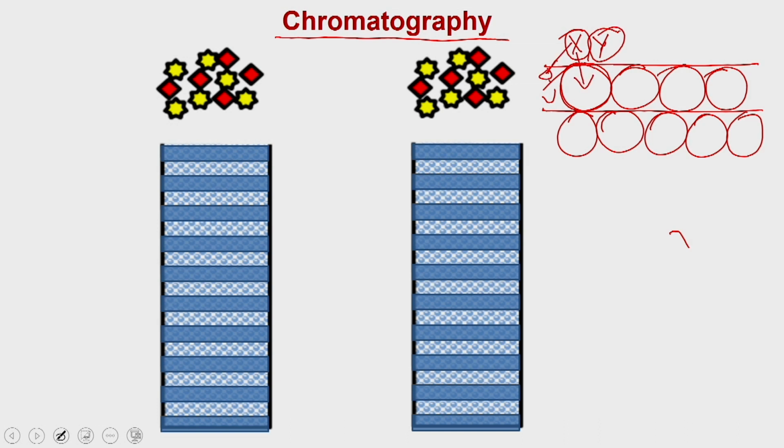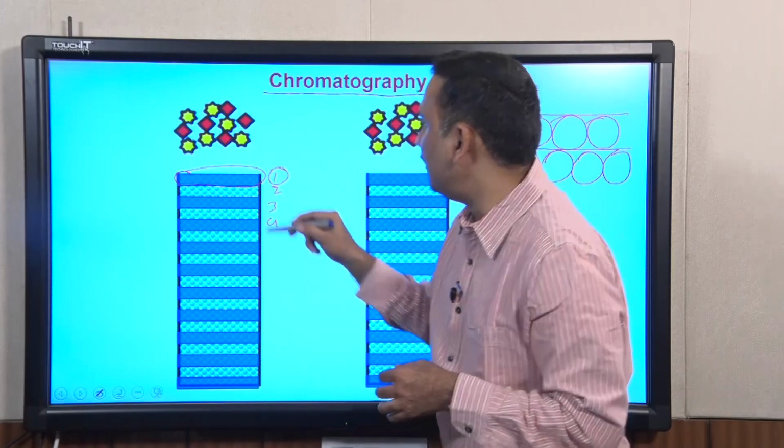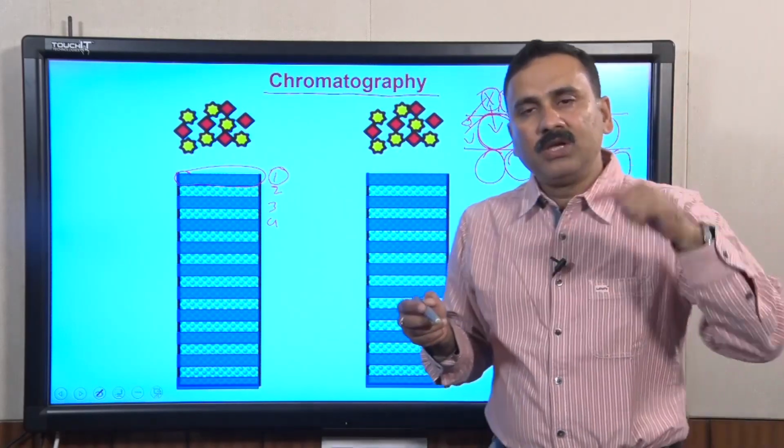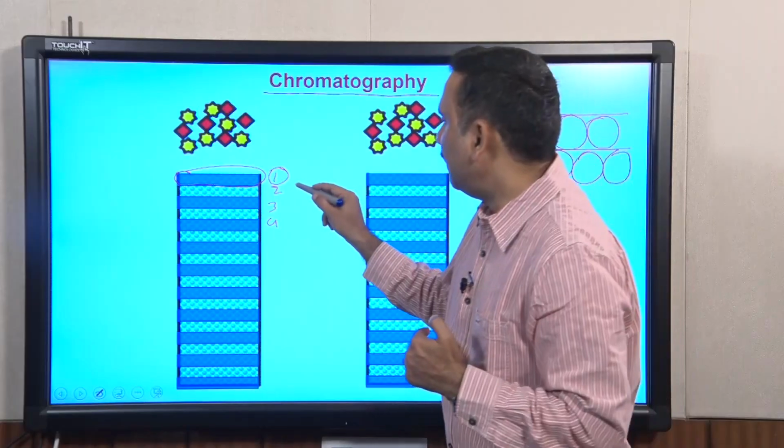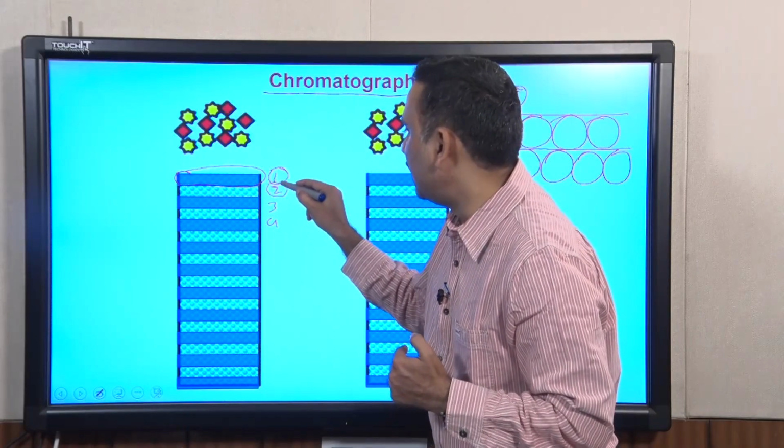That will continue from the first layer. You can imagine that the beads have a first layer, then a second layer, third layer, fourth layer, like that. When you flow the water from the top, the molecules present in layer number 1 are again going to distribute with the beads present in layer number 2.